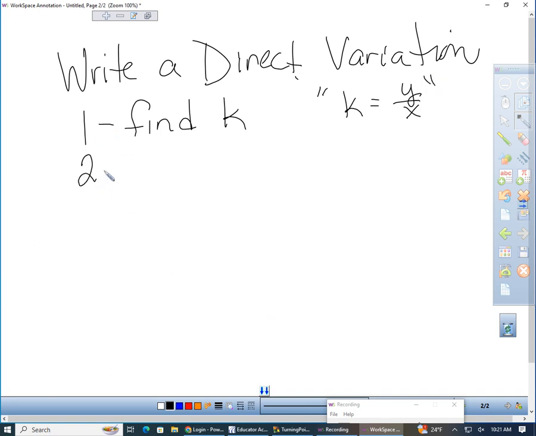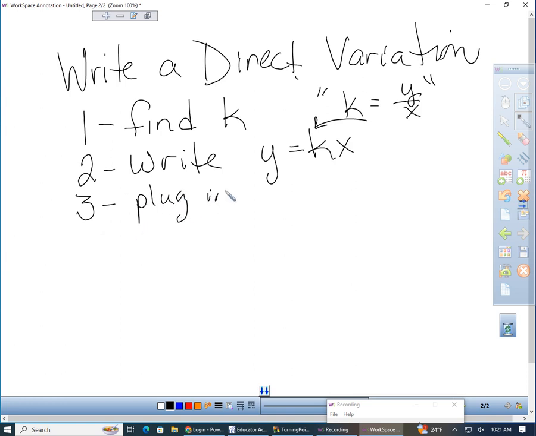Step number 2, I need you to write as y equals kx. So whatever number you get here, you're going to plug in right there. Step number 3, you're going to plug in x value to find the y, or the y value. 3 pretty easy steps.